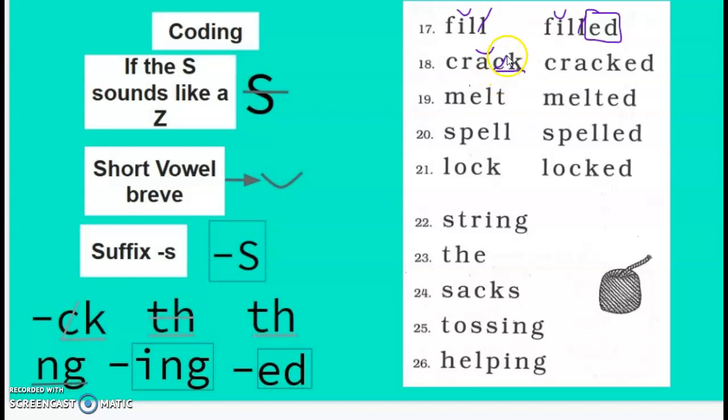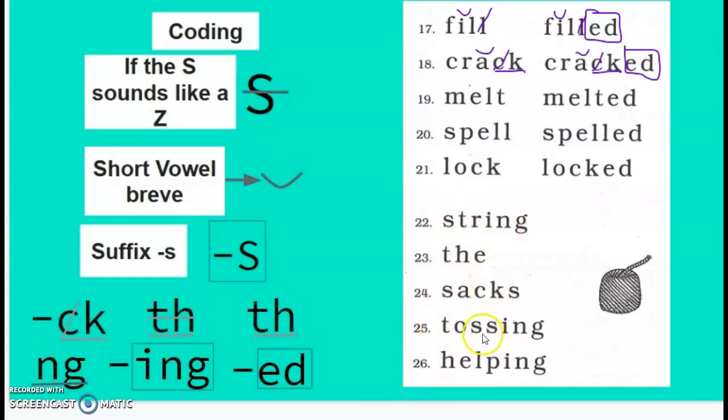And don't forget to cross off the C. Do those same things over here. And what do we need to do to this word? We need to box in our suffix. Our suffix is at the end of a word. Go ahead and finish 19 through 21 and pause the video. When you're ready for 22 through 26, go ahead and play the video.